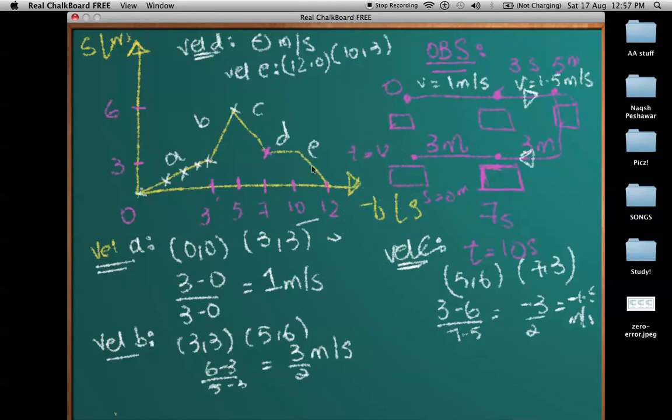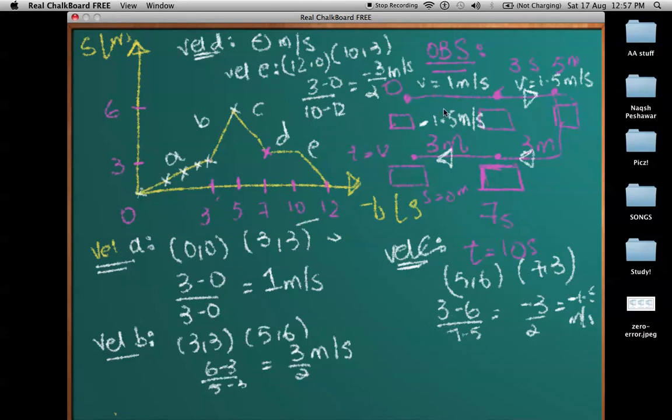I can say that this is a negative gradient because it's going from top to bottom. 3 minus 0 divided by 10 minus 12. Again, this is a minus 3 over 2 meters per second, which means it is going with a magnitude of 1.5 meters per second, but the minus sign tells me that it is in the opposite direction. It is now moving in the opposite direction.